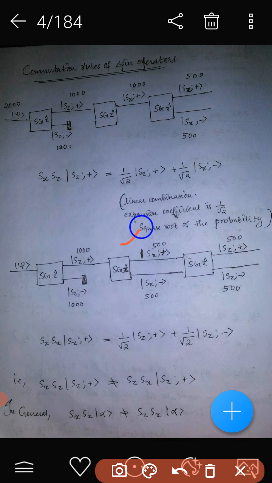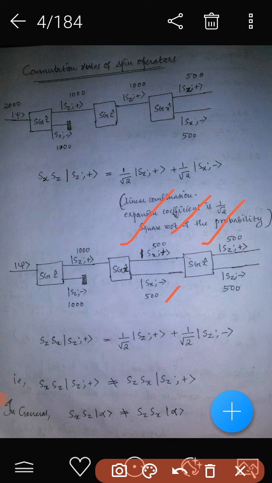So when we measure the X component of the spin, we will get two states, that is Sx plus and Sx minus, with nearly equal particles or nearly equal intensities. Then we are not blocking Sx minus.